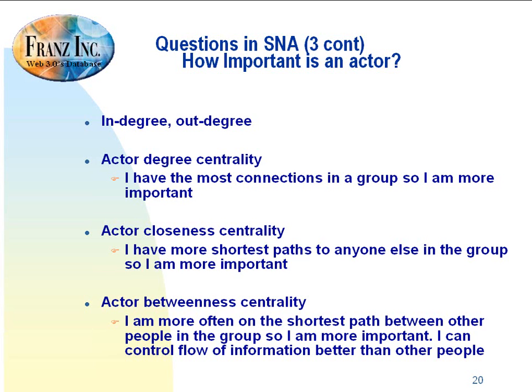The other one would be if you take the shortest path between everyone in the group, then you could compute who's got on average the shortest path to everyone else. And then the third one is, take the shortest path between everyone in the group and then find if you are on a particular shortest path more times than anyone else. If so, you are the most important person in the group.